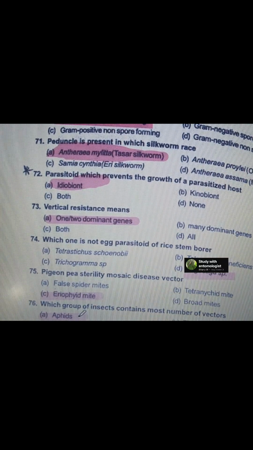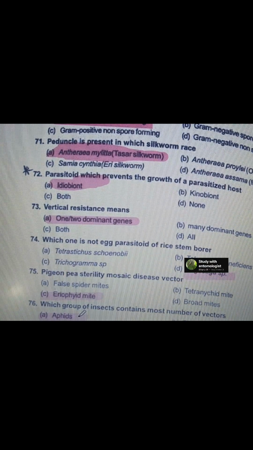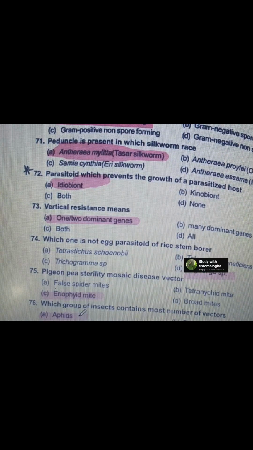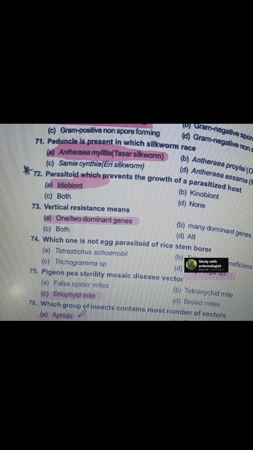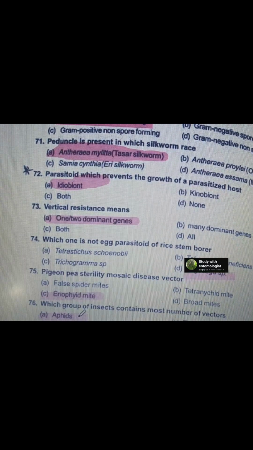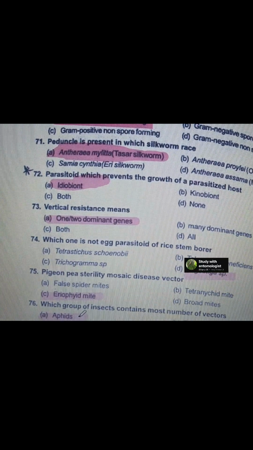Some stats I will say: 94% of insect vectors that transmit diseases are Hemiptera. Likewise, 70% belong to the Hemiptera, and in that Hemiptera also 55% belong to the family Aphididae alone. So these are known as flying syringes.